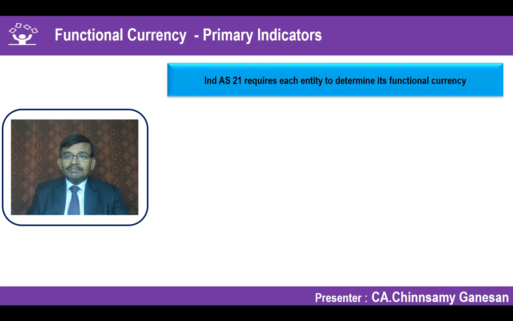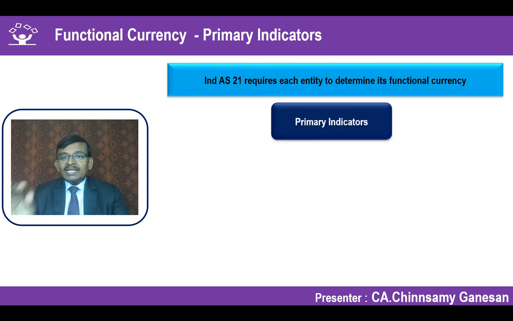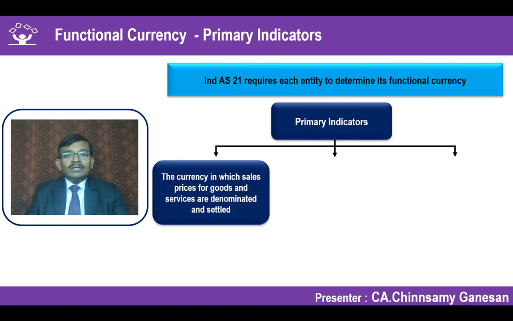Accordingly, the first step is to determine the functional currency, and the primary indicators to decide what is the functional currency is that the first primary case is how the sales prices for the goods and services are denominated and settled. For example, all my local sales or my export sales are denominated in or received, and I'm getting it, how it is being received.